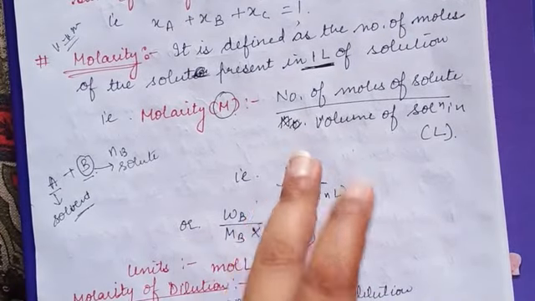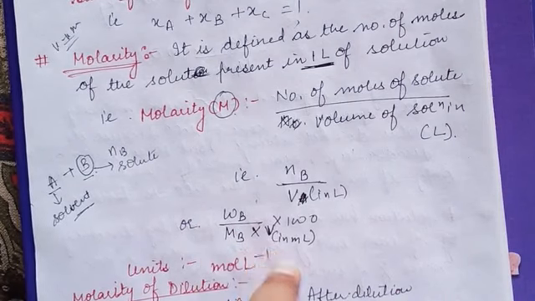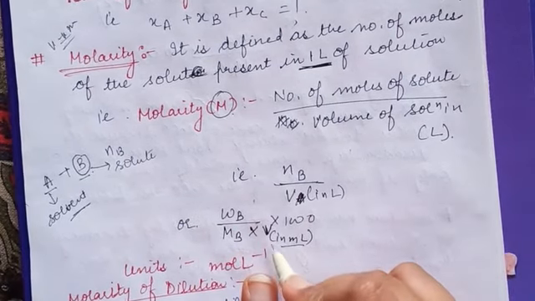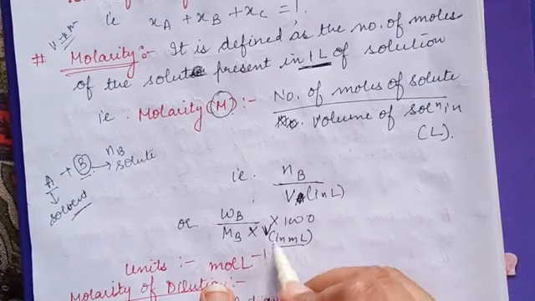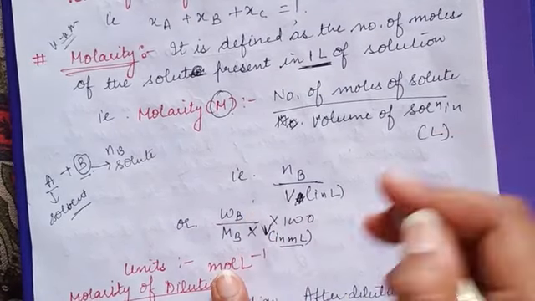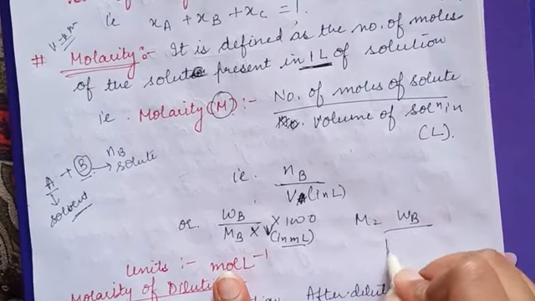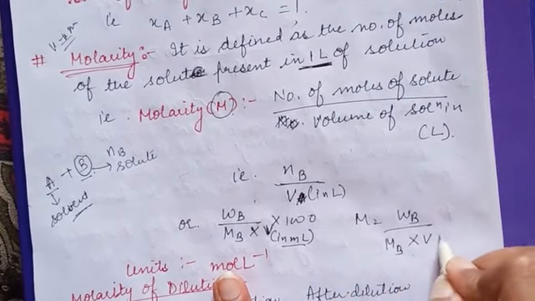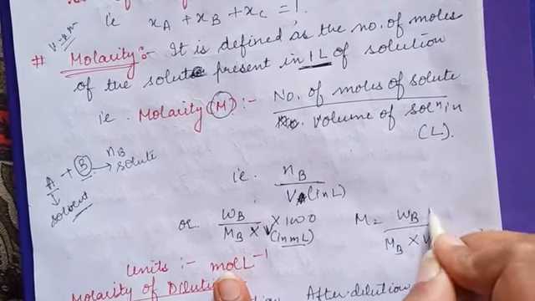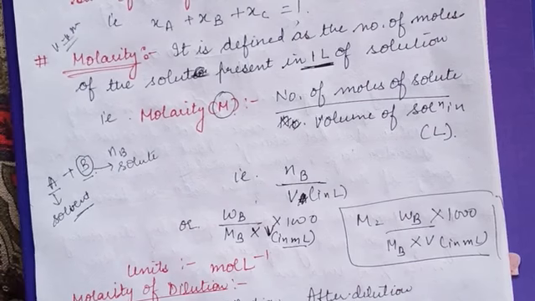Or you can calculate given mass by molar mass: WB by MB into V. If V is given in milliliter, then you multiply by 1000, so molarity becomes WB by MB into volume, into 1000 if the volume is in milliliter. This is the formula of molarity.